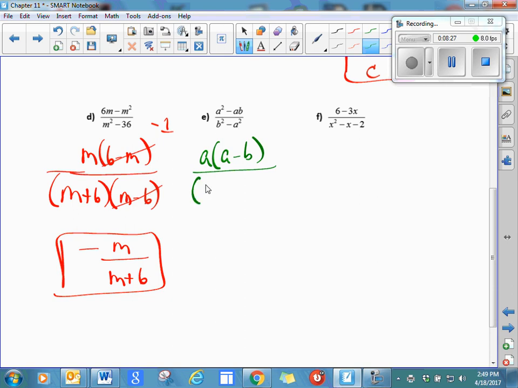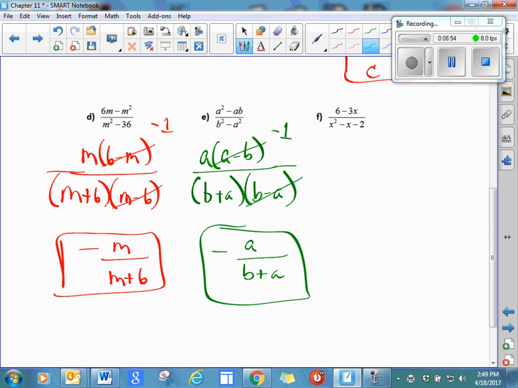So the squares are b plus a and b minus a. Again, you'll notice here the a is negative, here it's positive, negative b, positive b. These guys will cancel, but their quotient is negative 1, not positive 1. So it's negative a over b plus a.